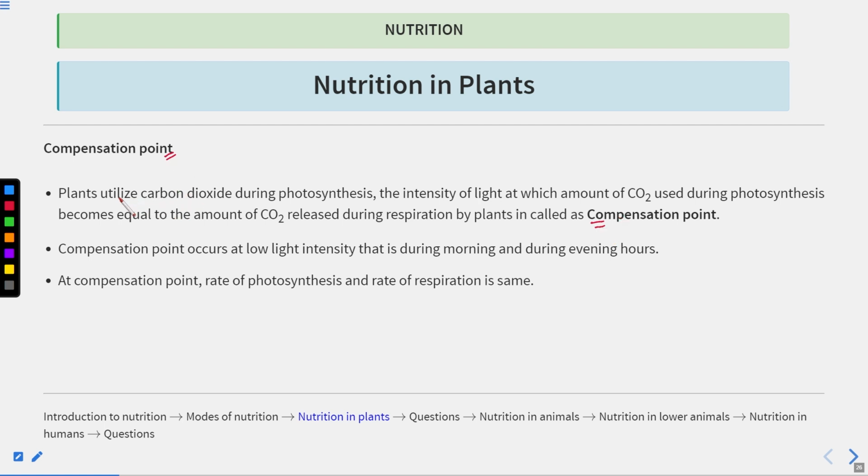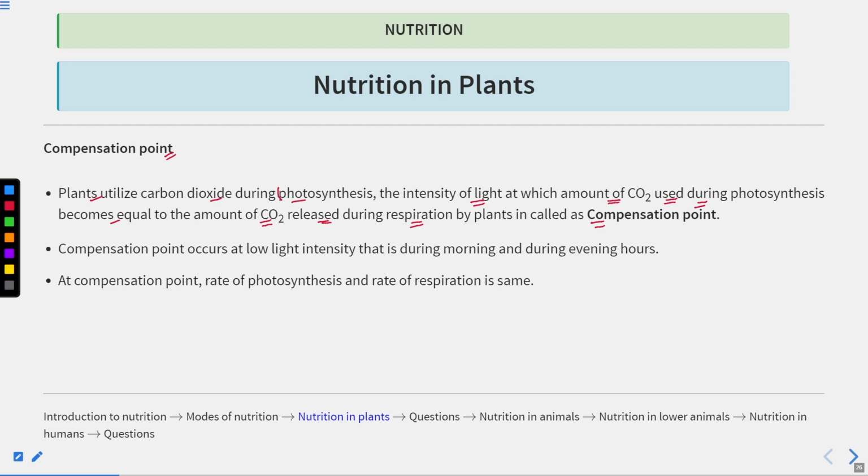So here, the plants utilize carbon dioxide during photosynthesis. You already know for photosynthesis, carbon dioxide is required. But what happens? The intensity of the light at which the amount of carbon dioxide used during photosynthesis becomes equal to the amount of carbon dioxide released during respiration is known as compensation point. So how can we define compensation point?